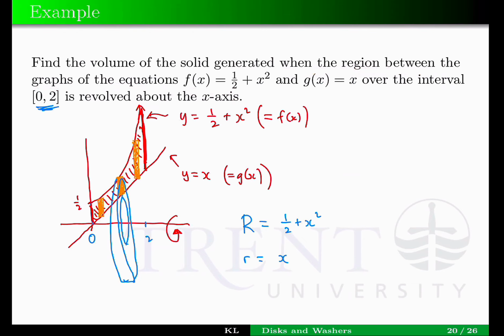So the volume, I will just set it up, and you practice integrating this. The volume will be the integral from the leftmost point, which is 0, up to 2. So the integral from 0 to 2 of pi times the bigger radius squared, (1/2 plus x squared) squared, minus the smaller radius squared, and then we have the dx.